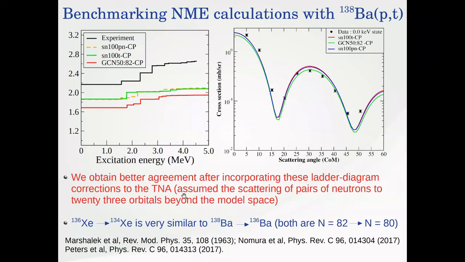So he did that, and then he corrected the 2 neutron transfer amplitudes. And now our agreement is within 10 to 15% instead of a factor of 2.